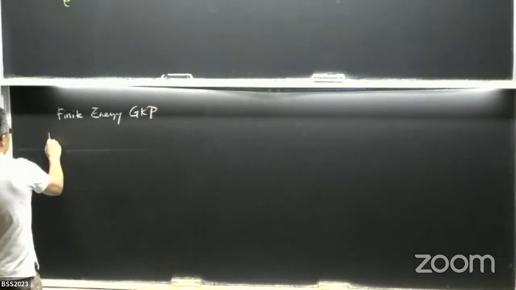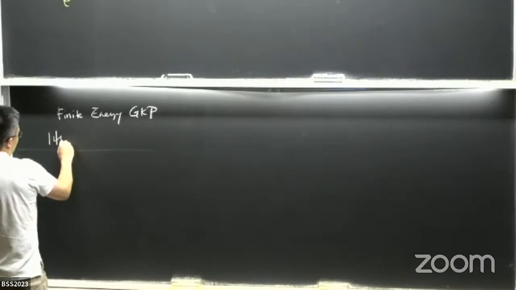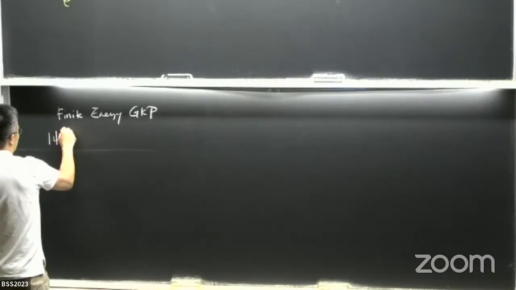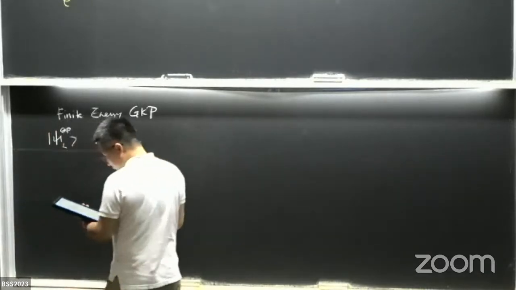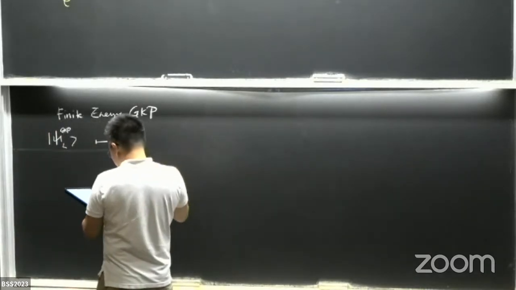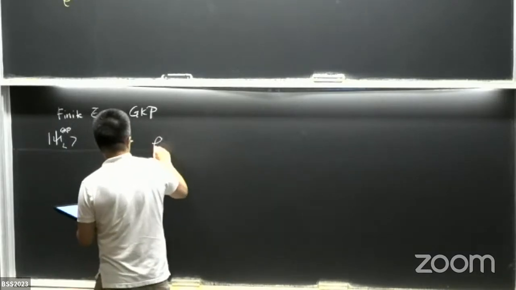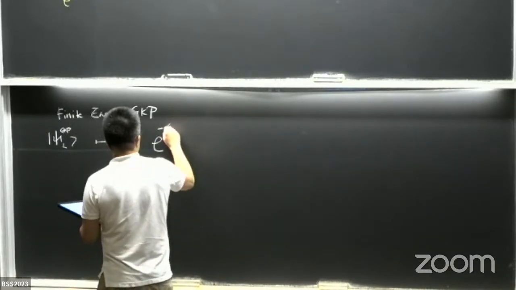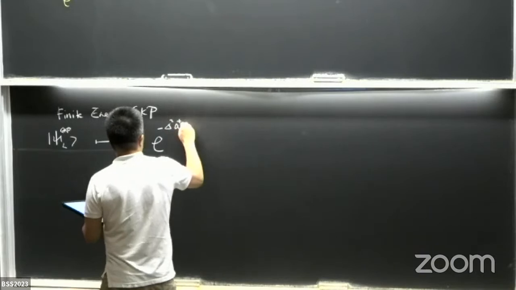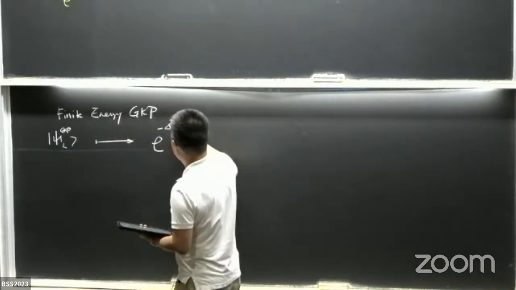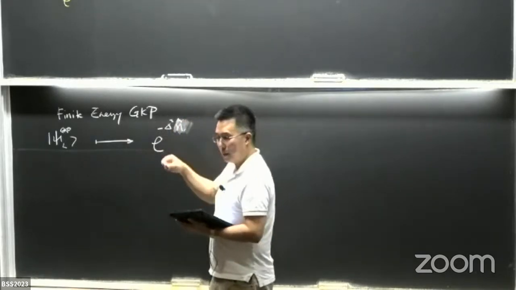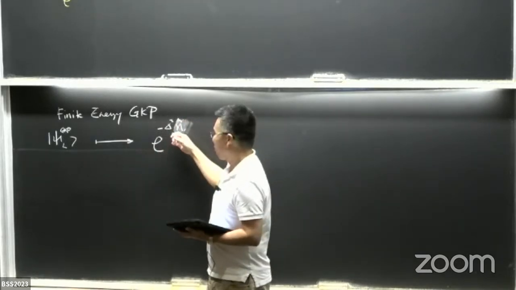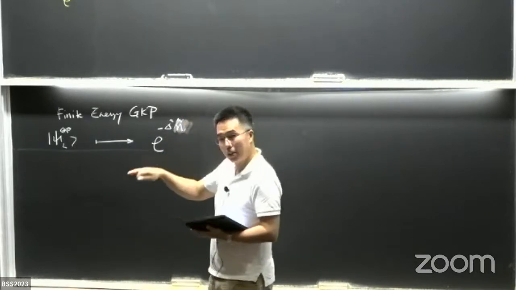So let's say this is some of the logical states that we can define for the GKP states. And the way to define a finite energy GKP, up to some normalization, is to introduce this envelope function, e to the minus delta squared a dagger a, which you can think of as the photon number, introducing a thermal or Gaussian envelope, depending on whether you look at the photon number distribution, which will be an exponential distribution.